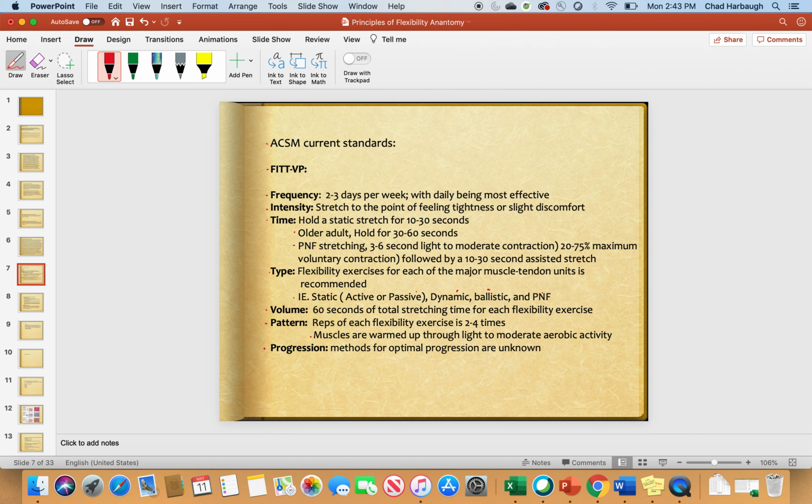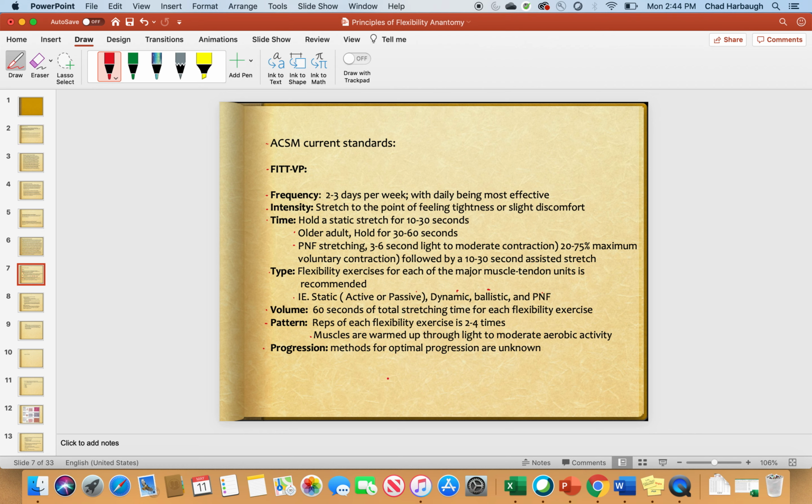When we're looking at progression, the methods for optimal progression are unknown. The one that I tend to recommend is to stretch all major muscle groups: the neck, the upper back, the torso or chest, the lower back, the front of the hip flexors, your glutes, your quadriceps, your calves, and your ankles.